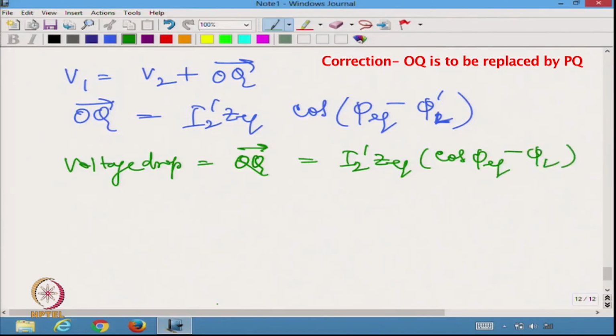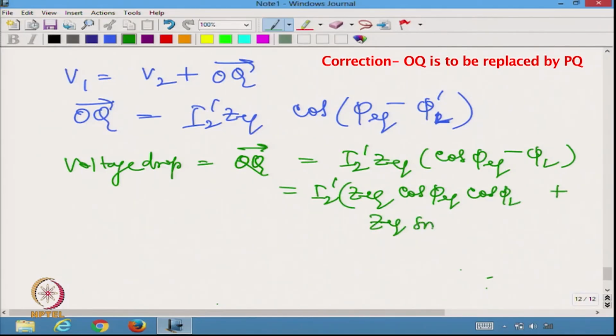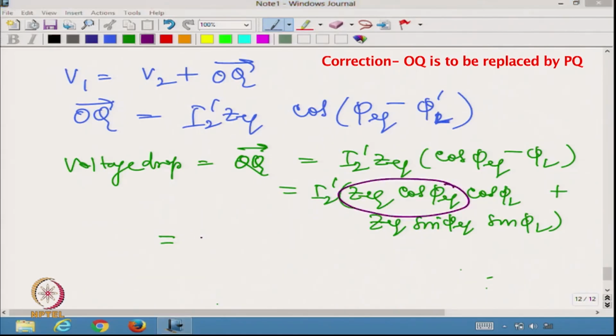So, in which case I can write this to be I2 dash Z equivalent times the expansion of cos of phi equivalent minus phi L. You know the expansion: cos of A minus B equals cos A cos B plus sin A sin B. So, we write Z equivalent cos phi equivalent cos phi L plus Z equivalent sin phi equivalent sin phi L. We wrote it already in the short circuit test also.